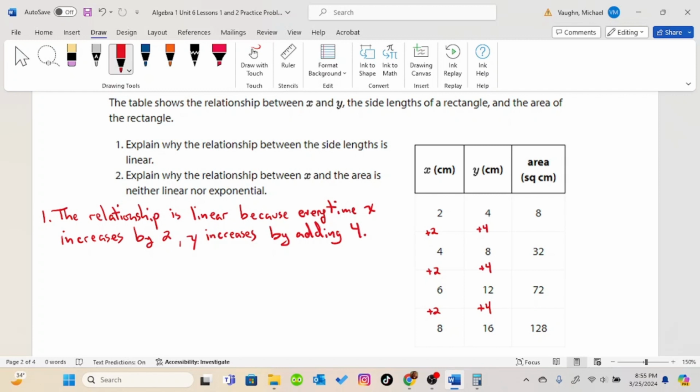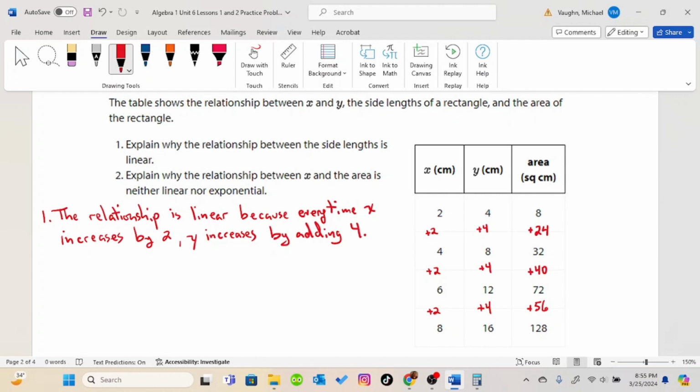Number 2, explain why the relationship between x and the area is neither linear nor exponential. Well, if we look at the changes in the area, you could add 24, then add 40, and add 56. We're not adding the same amount every time.